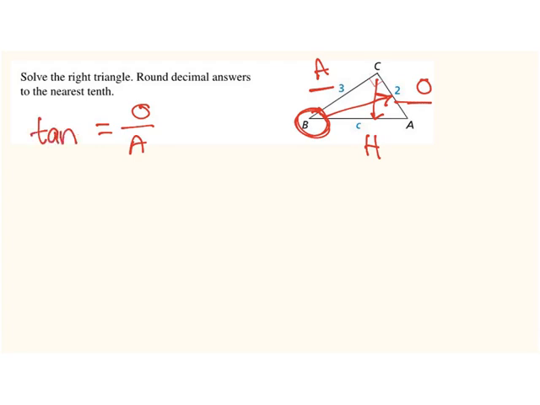So the tangent of B is the opposite over the adjacent. So tangent of B is 2 over 3. Previously, in our calculator we would have done the tangent button and then 25, right, and all that. Okay, but this is backwards.